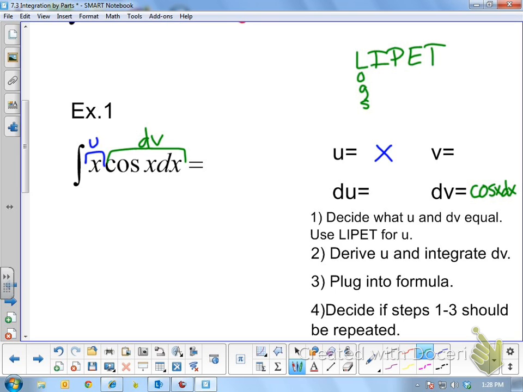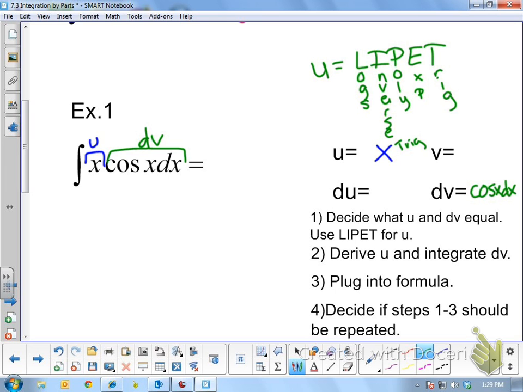I stands for inverse trig. P stands for polynomials. E stands for exponentials, and T stands for trig functions. And this is for u only. Once you identify u, everything else is dv.